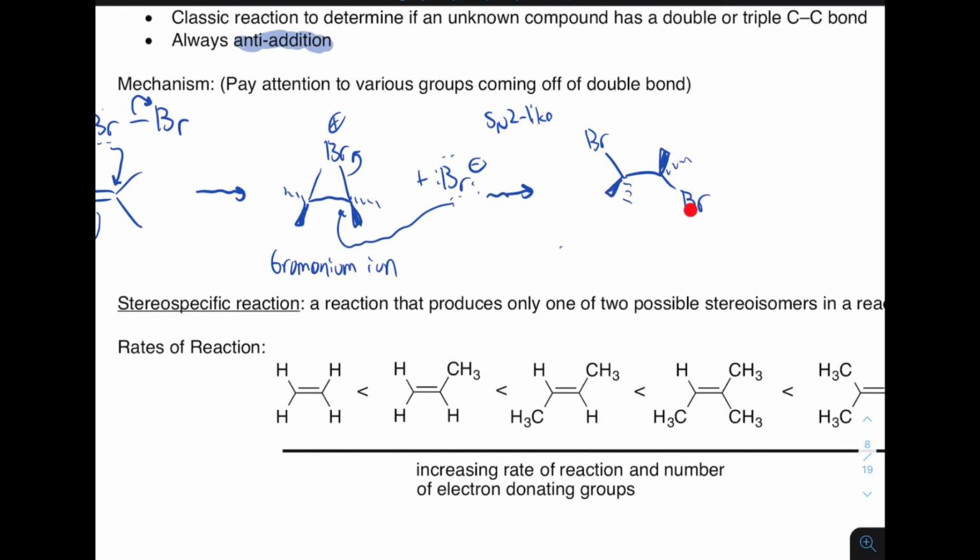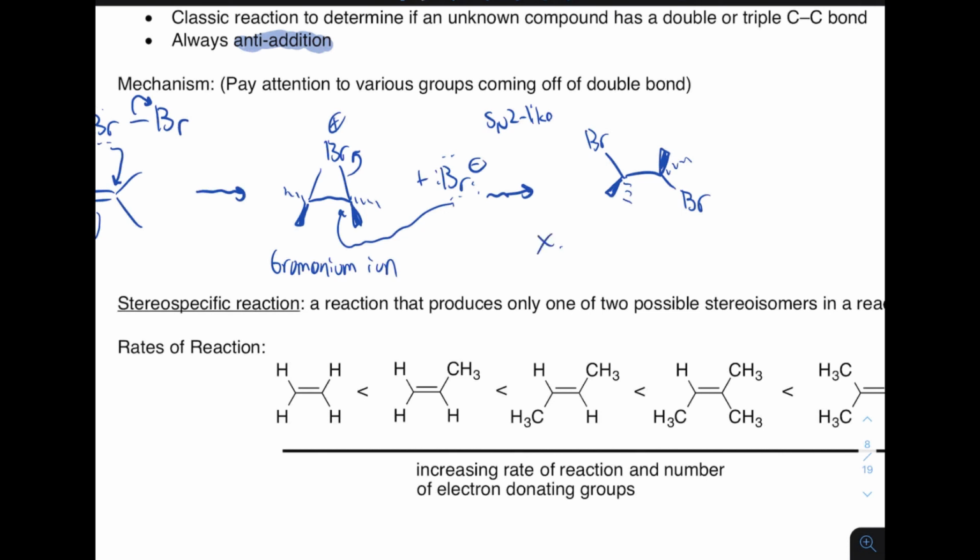It didn't matter here because these are both not chiral centers because there are two methyl groups, but this is a situation we might run into, and we'll see this in the lecture example. And both of these carbons are tertiary carbons, so it didn't matter which site the bromine attacked because they're equal.